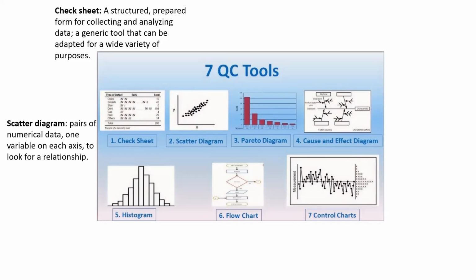You have a scatter diagram. The scatter diagram is to see whether there is a connection or a relationship between 2 variables, right? So you're not sure, and when you put the X and Y axis of these 2 variables together in this graph, you might see some kind of relationship. You might see a trend, you might see clusters.